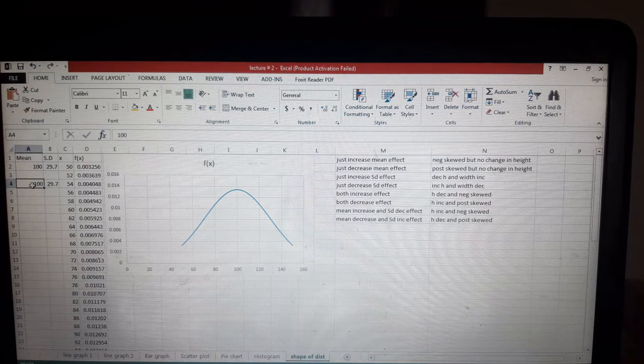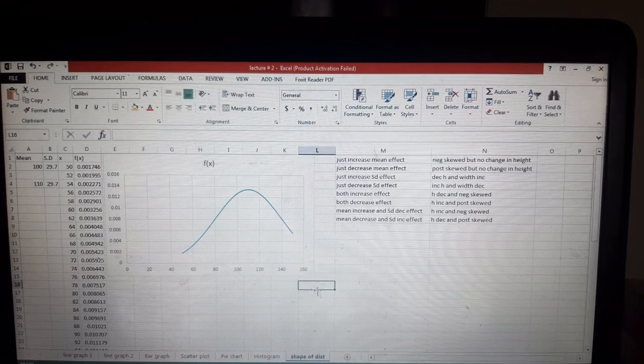For example, if we increase the value of mean by 10, what will happen?